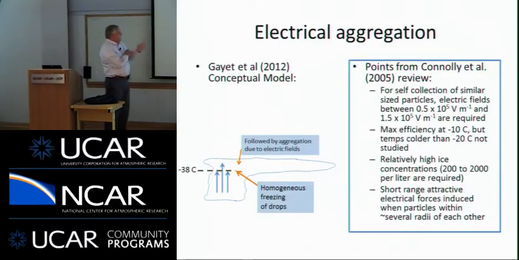And the Connolly et al. review suggested that the conditions necessary for this electrical aggregation were a certain threshold electric field. They saw a max efficiency at minus 20, but they didn't study it colder than minus 20. They needed relatively high ice concentration. And then when the particles came within a few radii of each other, there was a short-range attractive force responsible for that.